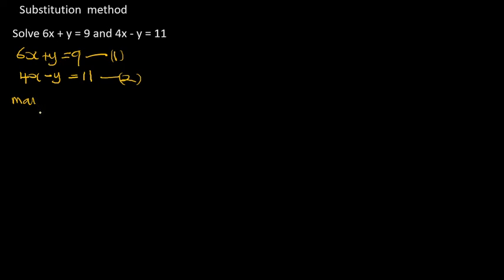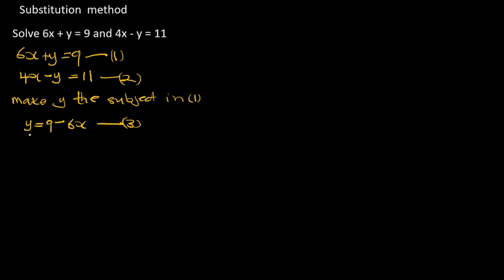Let's also look out for simplicity. So we'll have y equal to 9 minus 6x. Remember, to make y the subject, we have to move 6x to the right. So this is what we have. Now let's call this equation 3.